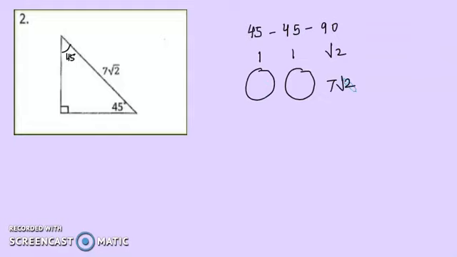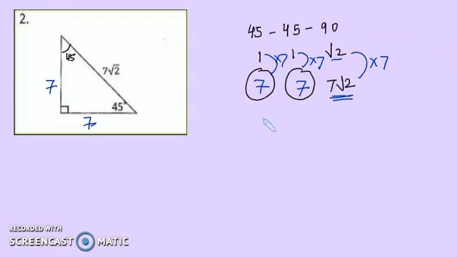So just compare these two with what is given to us. This is 7 times root 2, which is 7 root 2. So we multiply this 1 by 7 and we get 7 here, and we multiply this other 1 by 7 and we get 7 again. So the other two sides would be 7 and 7.